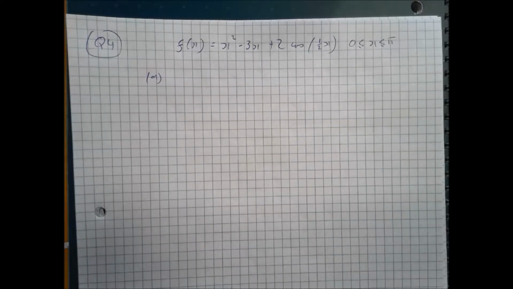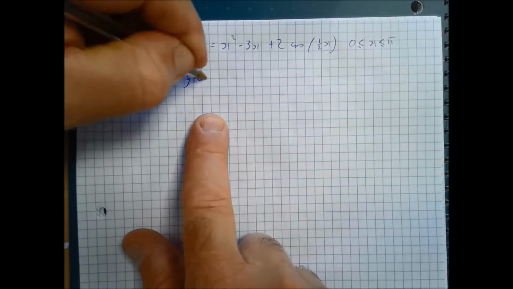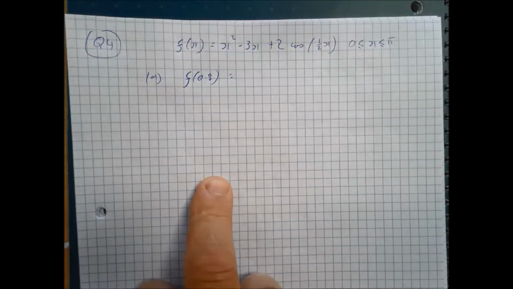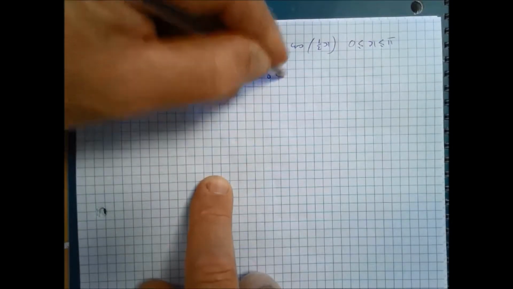Question 4. We have to show that this equation has a solution between 0.8 and 0.9. And so we start off by looking at f of 0.8, and we just feed that into the formula in the calculator, and I get 0.082.